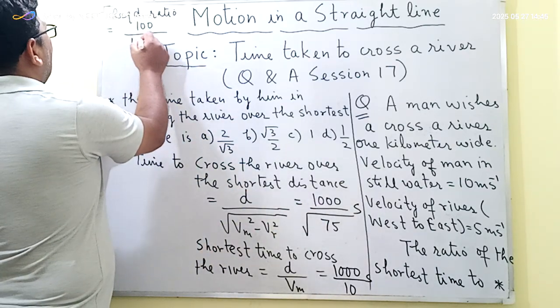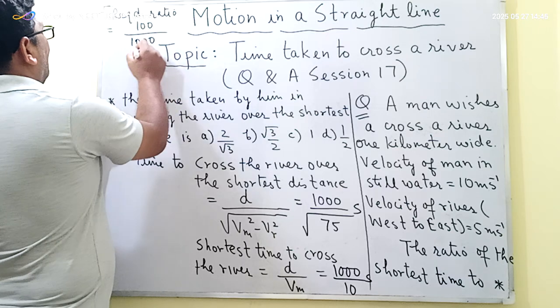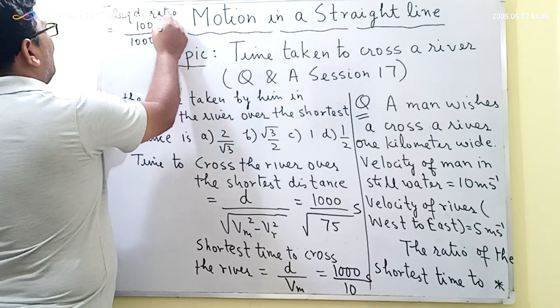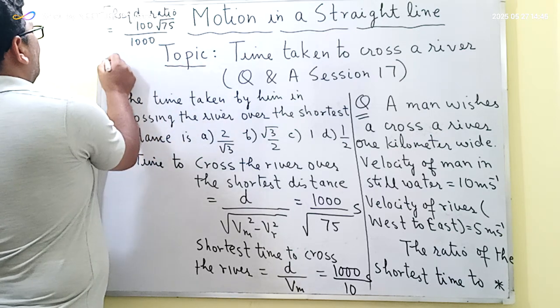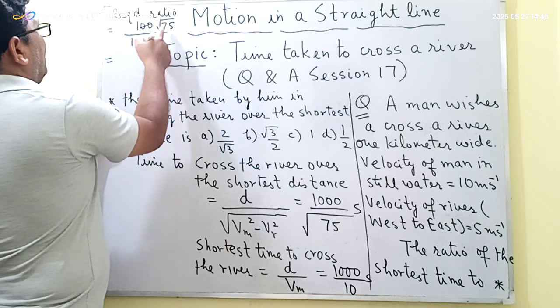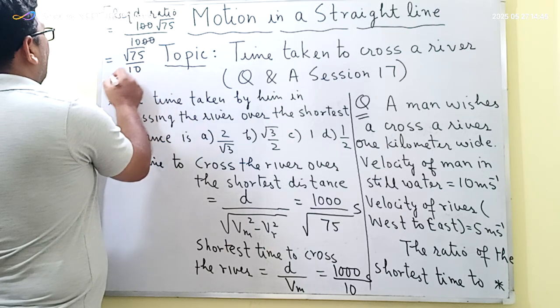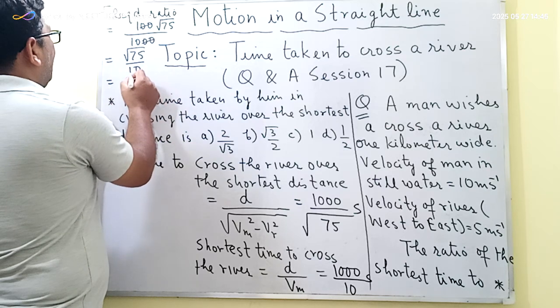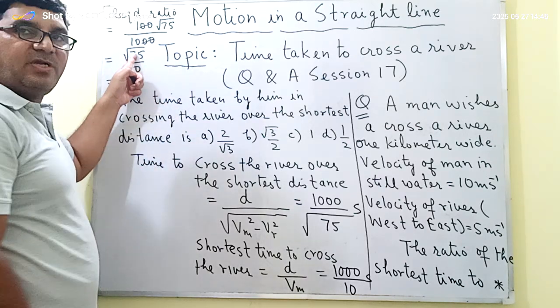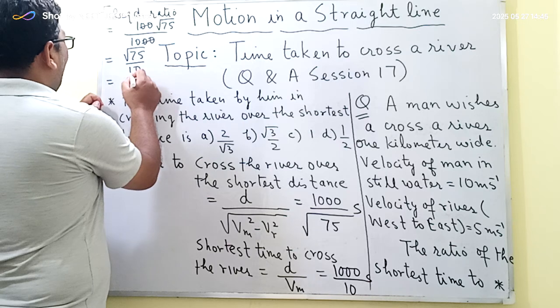So 100 times root 75 upon 1000, which is root 75 upon 10. Now root 75 can be written as root of 25 into 3, so this will be 5 root 3.